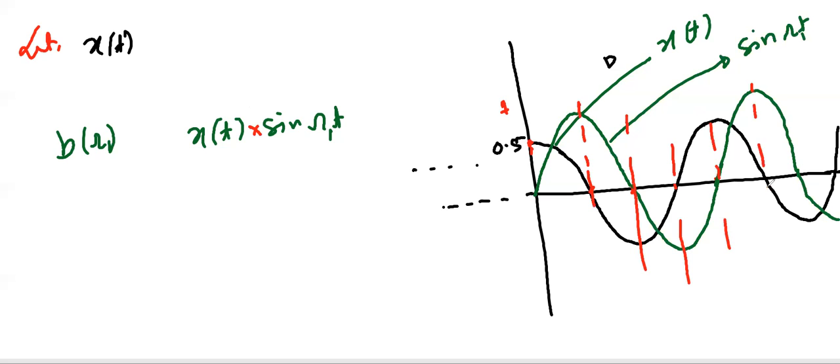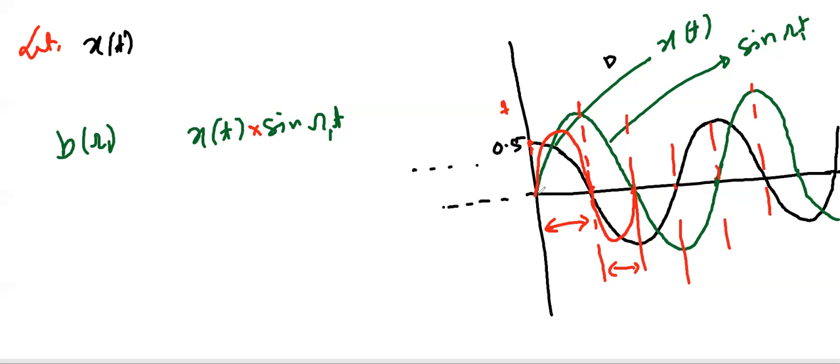If you can think of it, for this portion, both values are positive. So that's why you are getting a positive output value. For this portion, you have a positive value for sine omega t and a negative value for x(t). So that's why the multiplication gives a negative number.